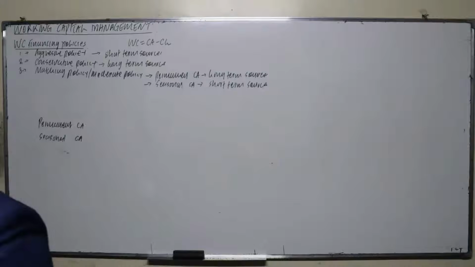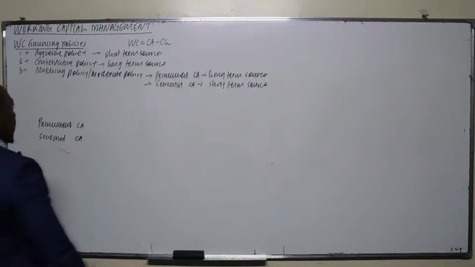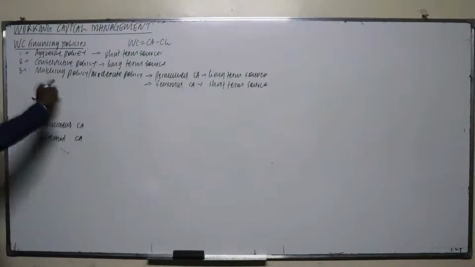These are current assets which fluctuate above the optimal level. Good. That was number one, the aggressive policy.